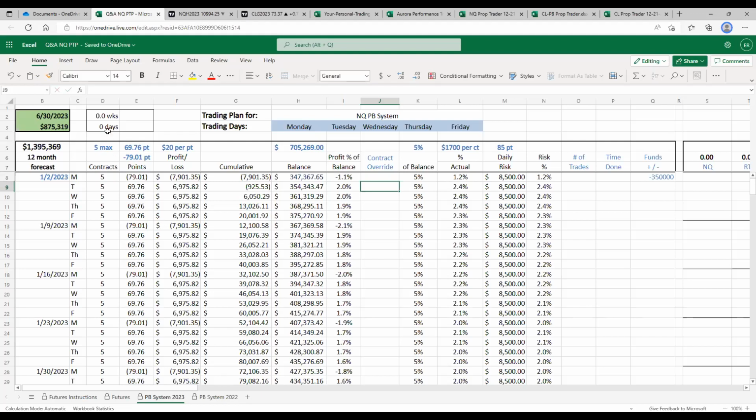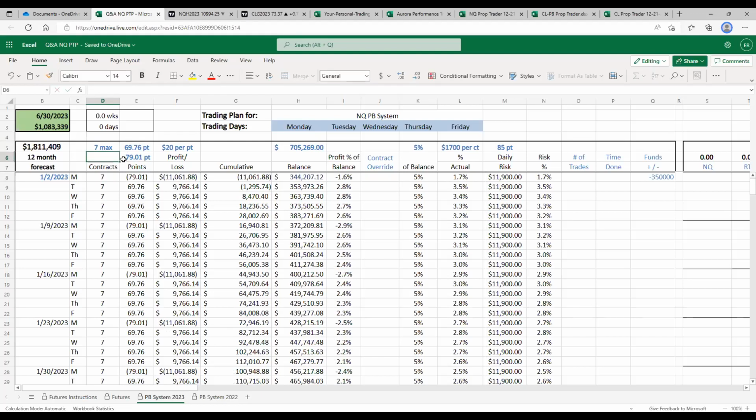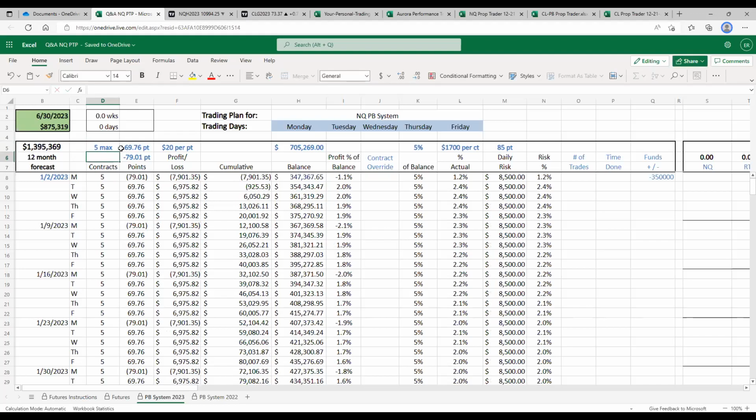Maybe you start with 5 contracts, but you decide this year you're going to go to 7 contracts max, and you can see how that 12-month forecast can change for you. Maybe you're comfortable with the amount of profit that you've banked.